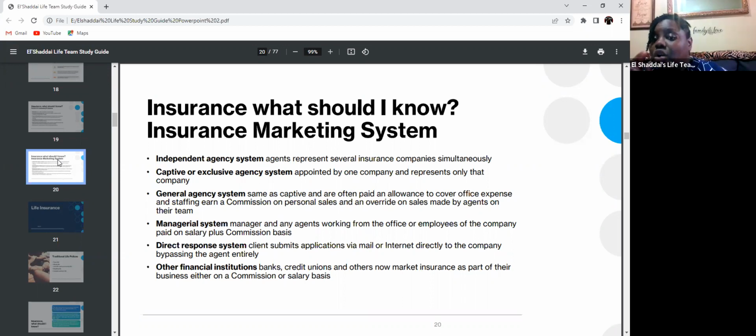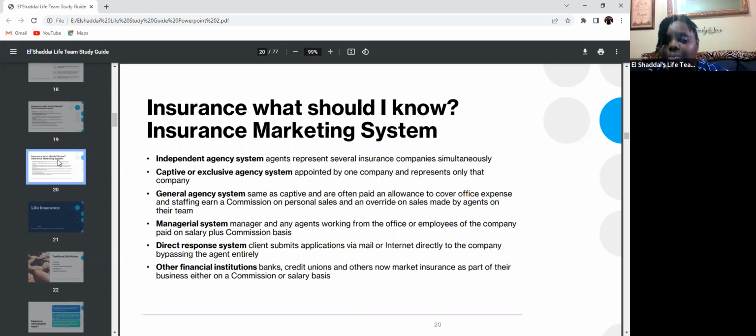Captive or exclusive represents one company and that company only. General agency system, same as captive, representing only that company, and agents are often paid an allowance to cover office expense and staffing, earned commissions on personal sales, and overrides made by the agents on their team.